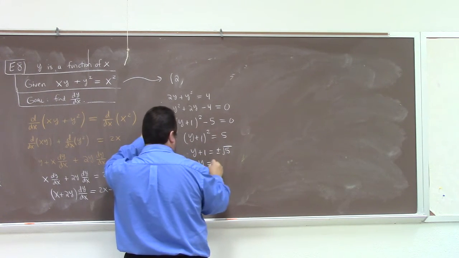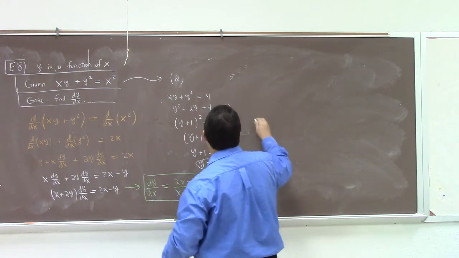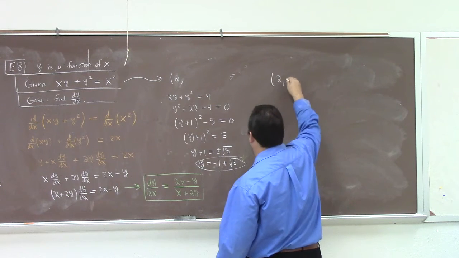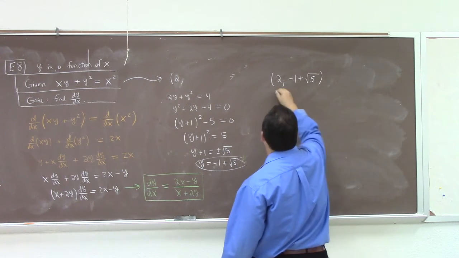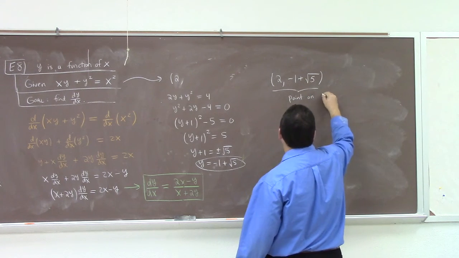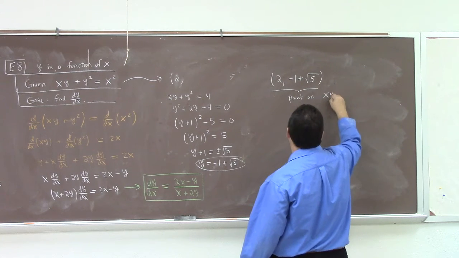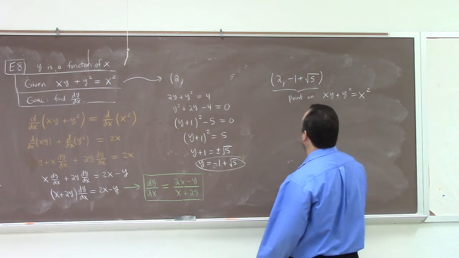So we could use y equals minus 1 plus root 5. So in other words, the point 2 comma minus 1 plus root 5 is a point on xy plus y squared equal to x squared, all right?